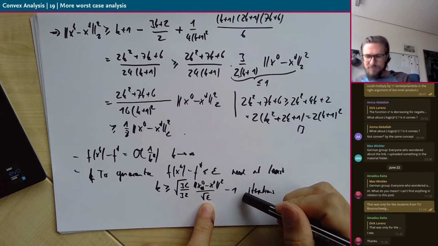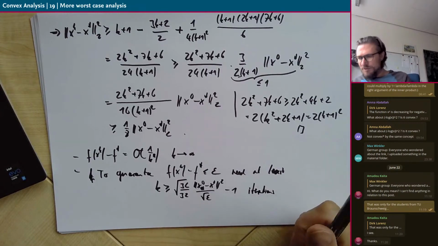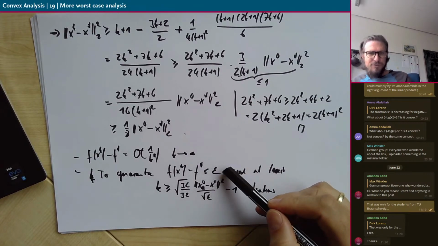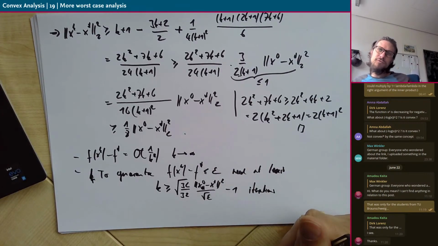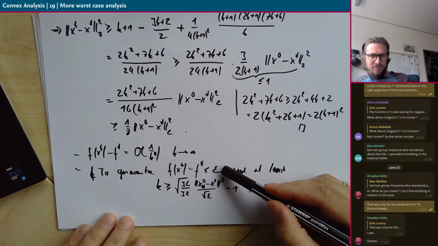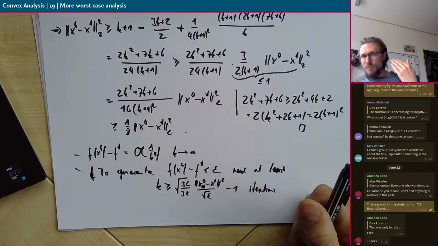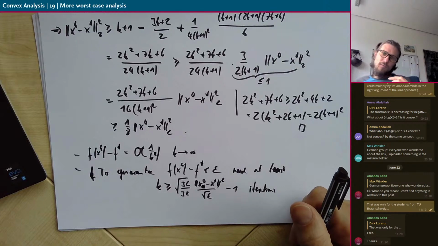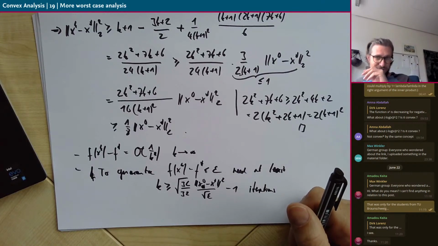So if you want to cut the error in half, you need to do square root of 2 times as many iterations as you've done. So if you're at 100 iterations, you had epsilon equal to 1/10. If you want to get down to 1/20, you need to do about 141 iterations.